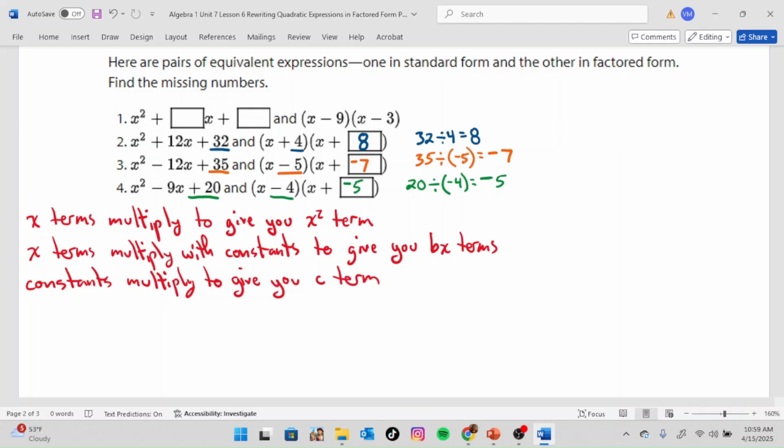So first I'm going to look for the c term. That's going to be negative 9 times negative 3. A negative times a negative is a positive, and 9 times 3 is 27. So my c term is going to be 27.